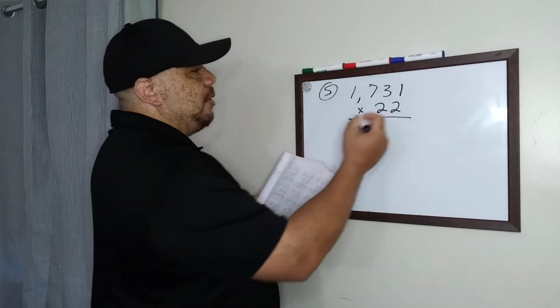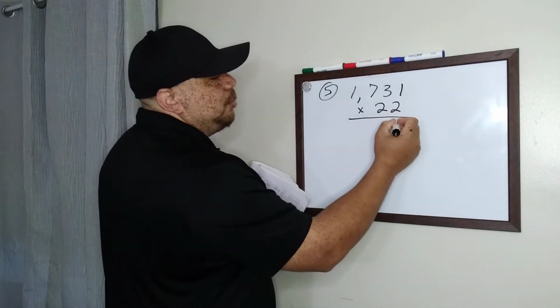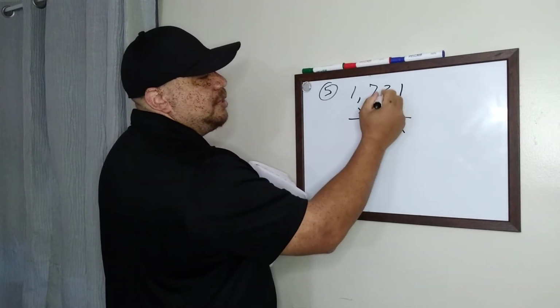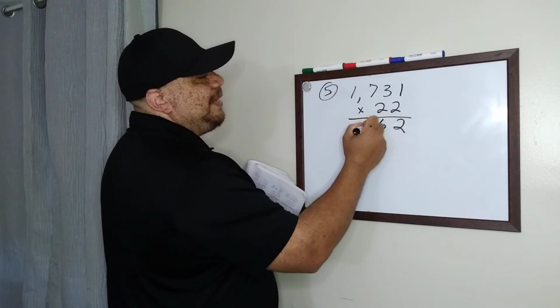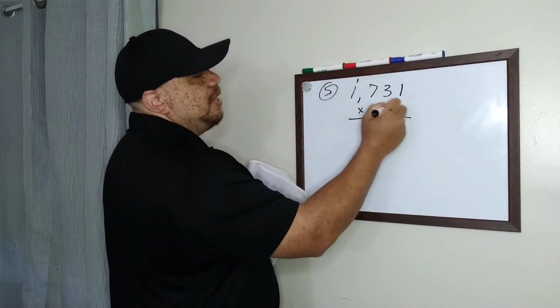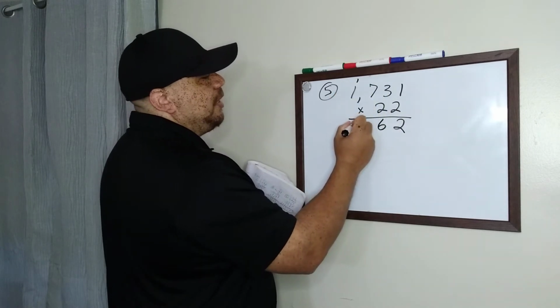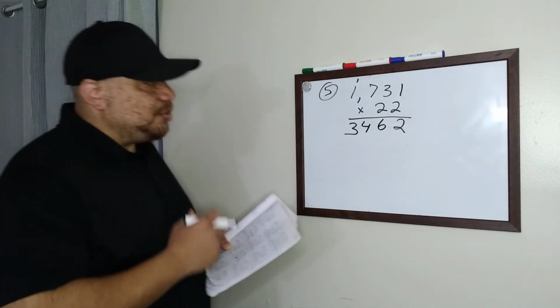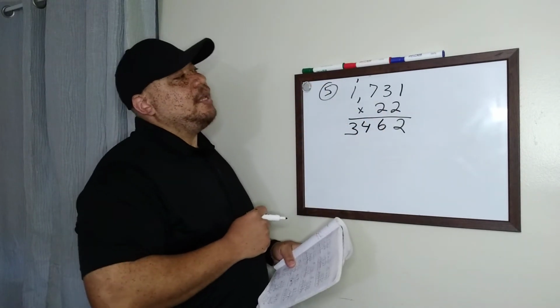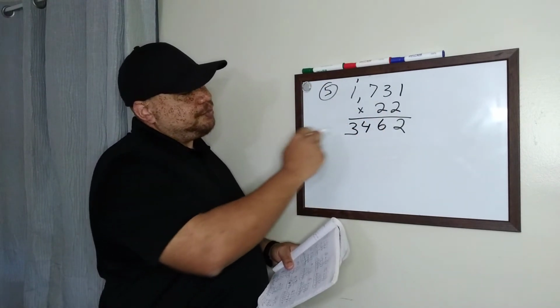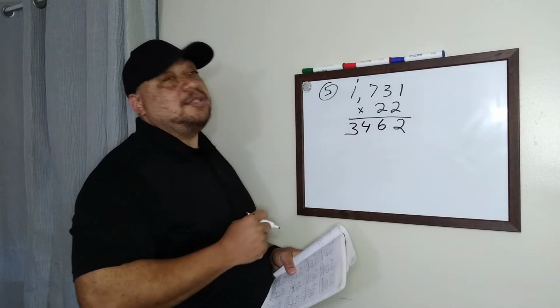All right, so 2 times 1 is 2. 2 times 3 is 6. 2 times 7 is 14. 2 times 1 is 2 plus 1 is 3. So once we have that, basically 2 times 1731 is 3,462.